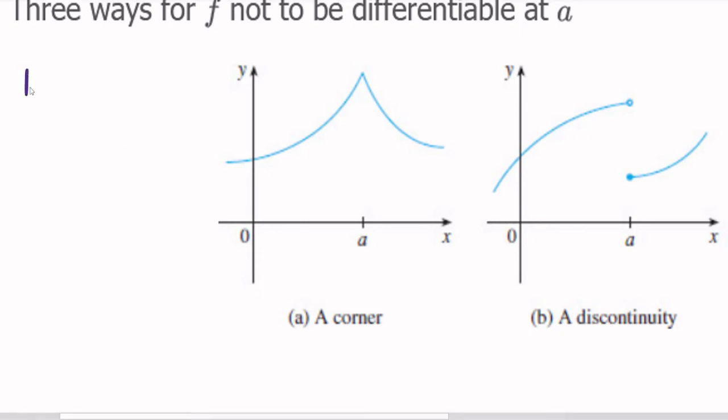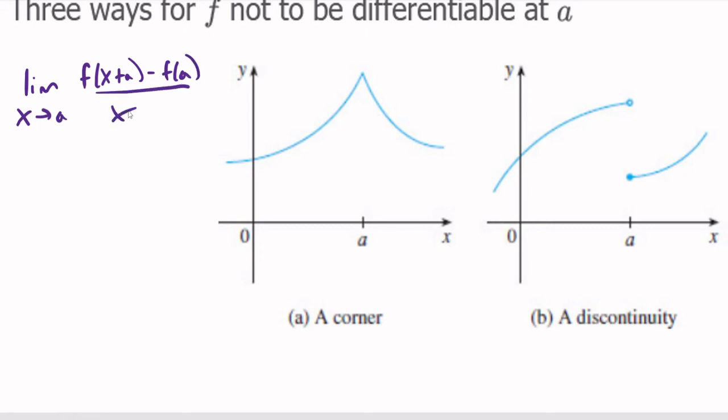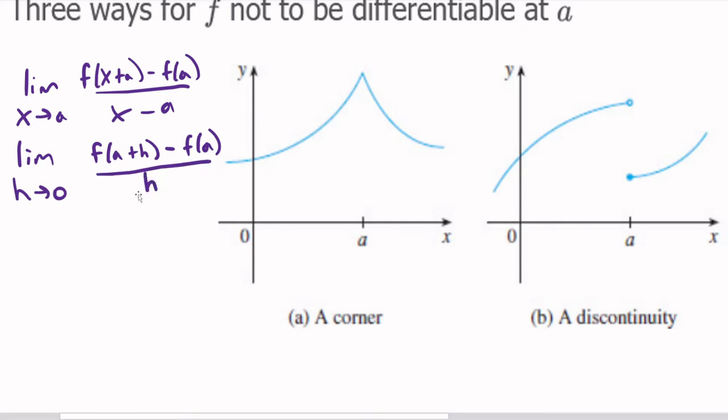It's the limit as x approaches a of f of x minus f of a over x minus a, or, if you prefer, the limit as h goes to 0 of f of a plus h minus f of a over h.